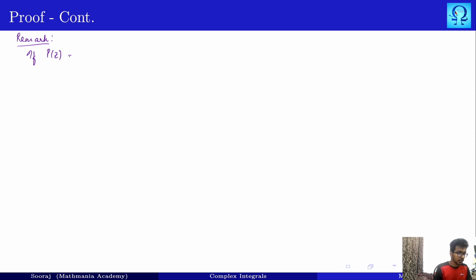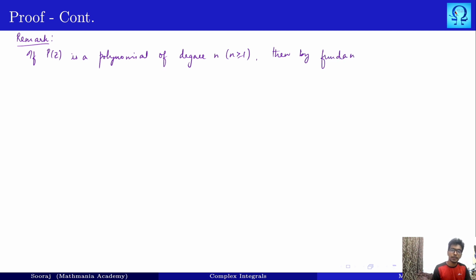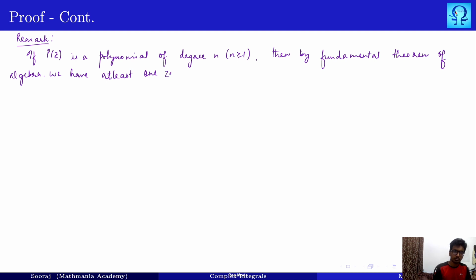If p of z is a polynomial of degree n, with n greater than or equal to 1, then by the fundamental theorem of algebra we have at least one root for p of z, say z1.